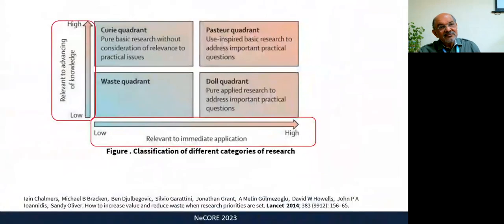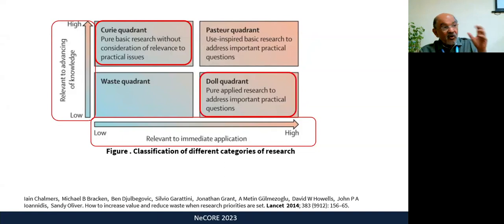That is a problem. And the other problem is that of relevance. Iain Chalmers, who founded the Cochrane Collaboration, and many of his co-authors published in the Lancet in 2014 a very revealing article where they took high-impact journals and divided their articles into four quadrants. On one axis is research relevant to advancing knowledge, and on the other axis is research relevant to immediate application. So one quadrant had articles which clearly advanced science.